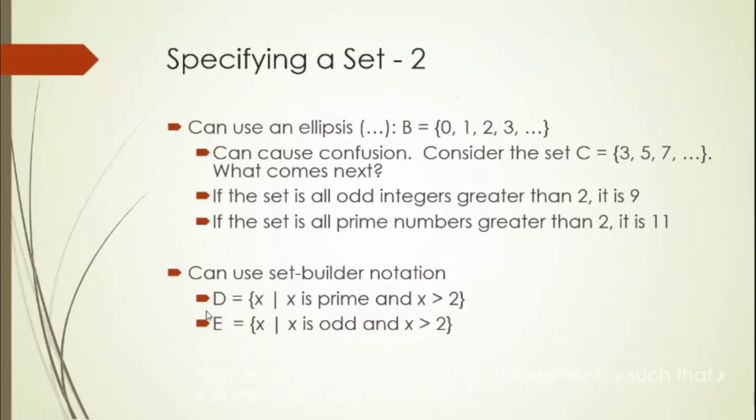Let's say, for example, set D consists of all the elements x such that x is prime and x is greater than 2. If we wrote it this way, then the answer should be 11. If we wrote it this way, wherein x is odd and x is greater than 2, then the answer should be 9. So again, we have to be very careful on how we use our ellipsis.